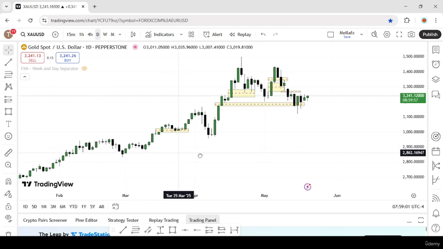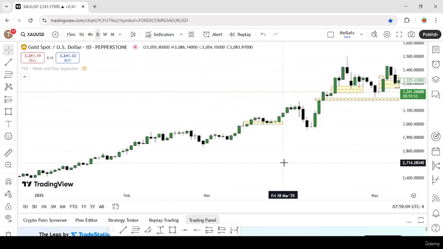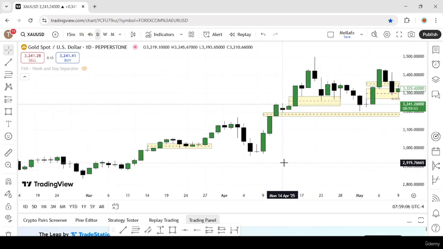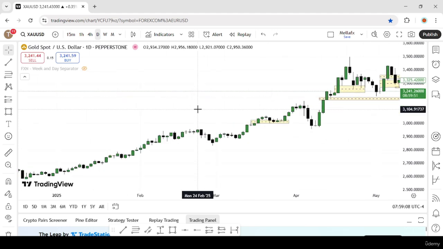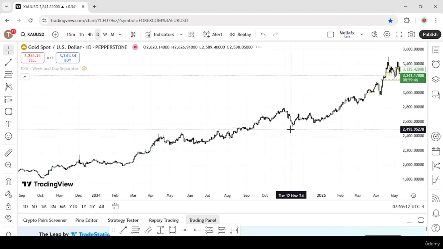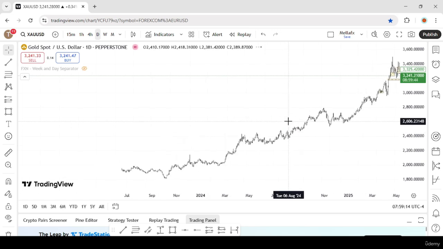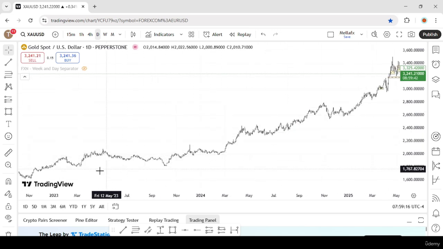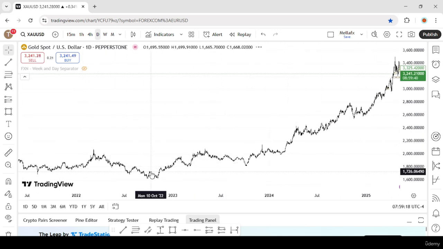So in this lesson, we'll be looking at the fair value gap in the daily chart. First of all, we have determined that the gold has been just bullish for a long time, and as we all know, the gold pair is a buy market.